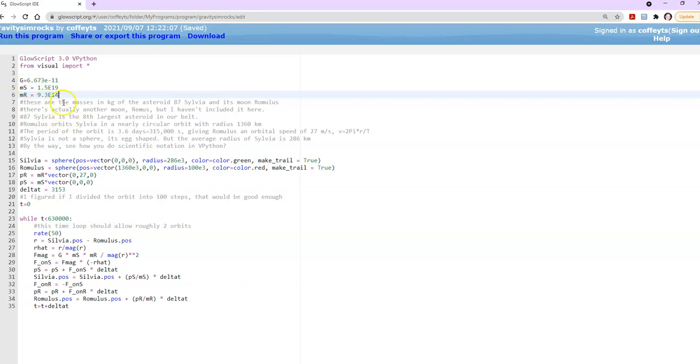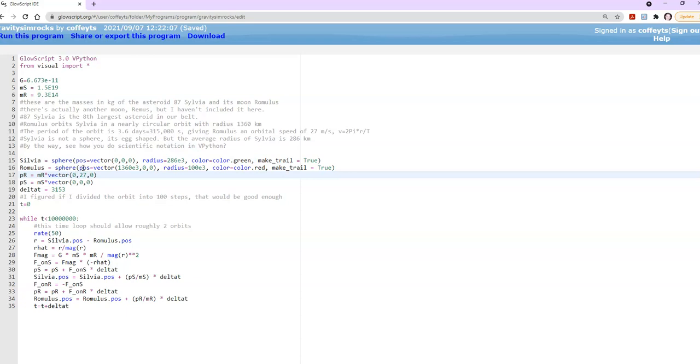Let's put Romulus back small again, and now let's increase our time limit, and let's give Romulus an initial velocity, right, and see what happens. So before, we had a velocity that was just in the y direction so that we could simulate that circular orbit, okay?